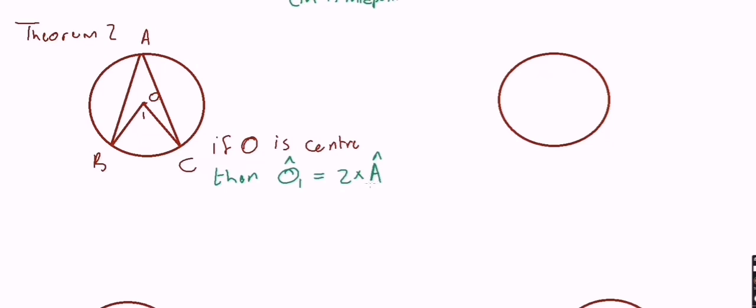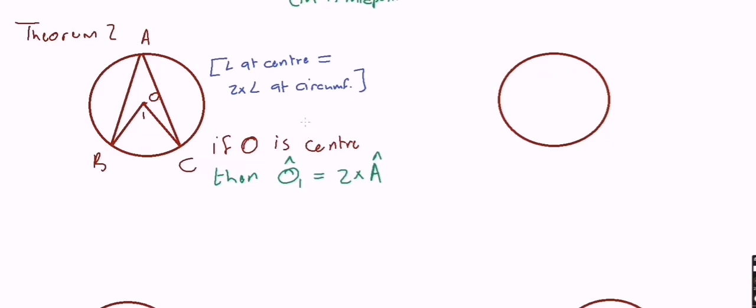Alright, so we are not to prove this yet, but if I'm to use this as a theorem, I'd say angle at center equals 2 times angle at circumference. Okay, so that is it.